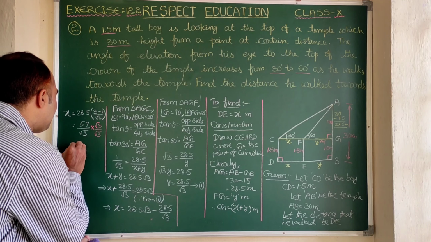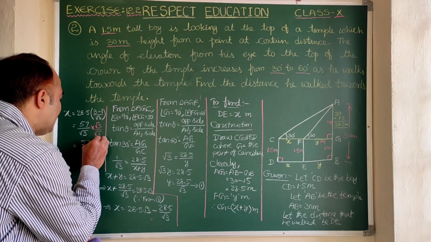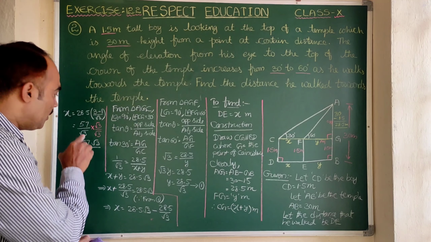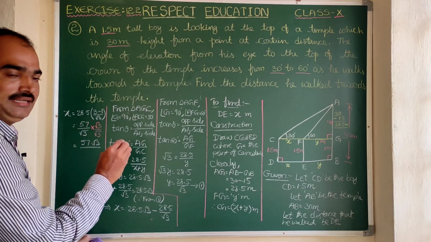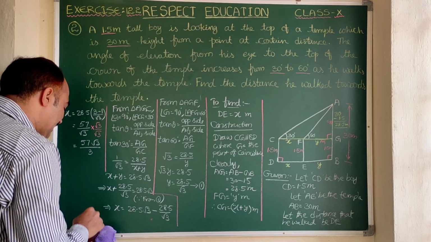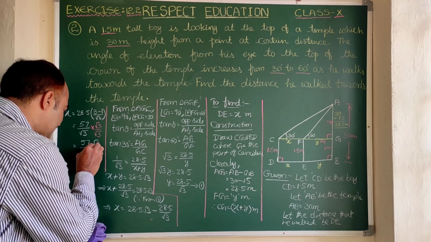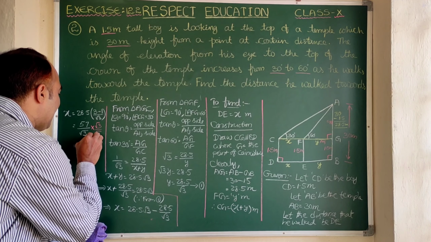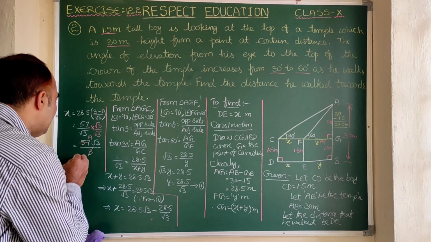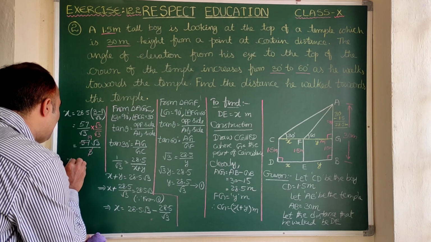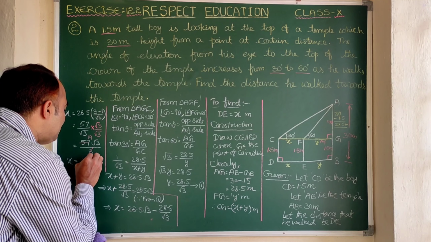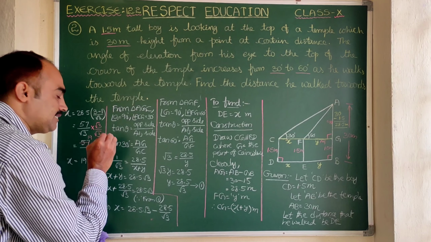So on multiplication we can write 57 root 3 by root 3 into root 3 is 3. Cancel 57 with 3. It is cancelled 19 times. So here the answer is x is equal to 19 times root 3 meters.